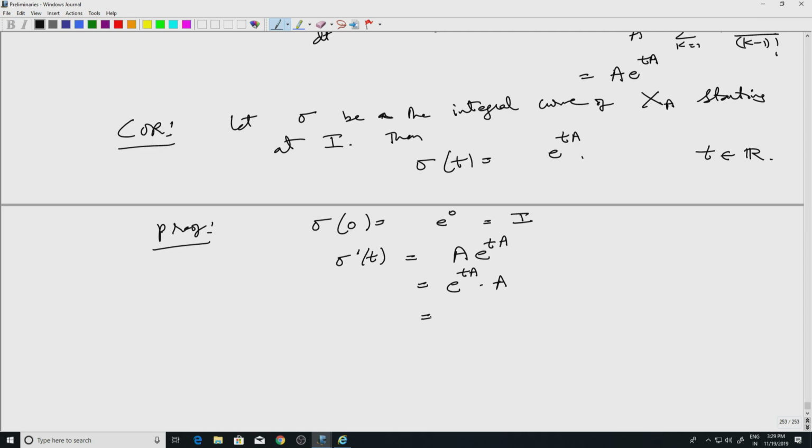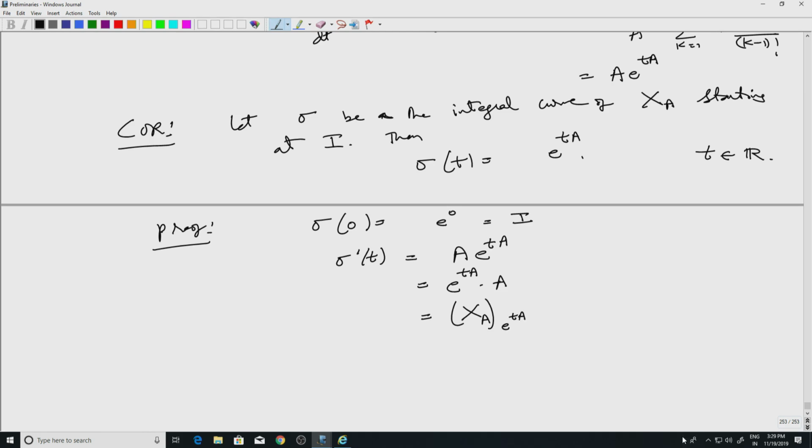And what one has is, right, this is the same as the value of the left invariant vector field at the point e to the power ta times, no, sorry, I should put a here, and then the value of the left invariant vector field given by a at e to the power ta.